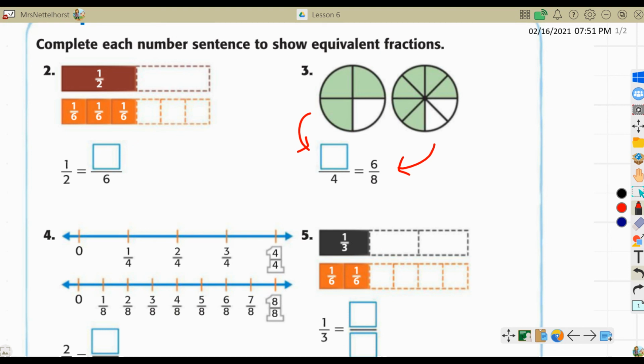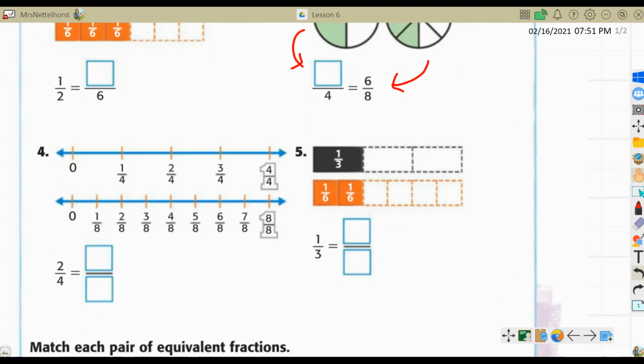Okay, so then scrolling down here a bit, you've got 2/4, you'll need to find 2/4 on the top number line, and then you'll want to see what is directly underneath it for the equivalent fraction. So I would recommend drawing a big box, a big rectangle from 2/4 down to the fraction right underneath it, or you could draw a big circle or something like that.